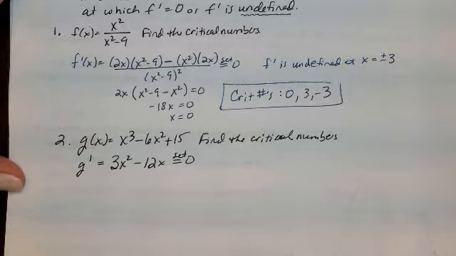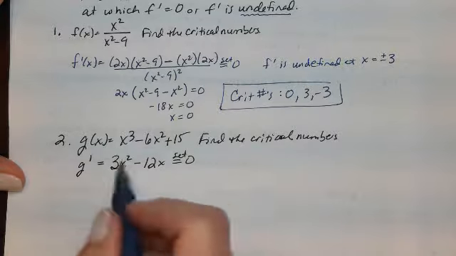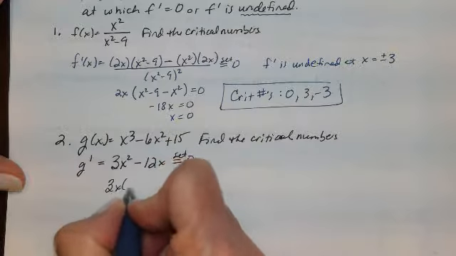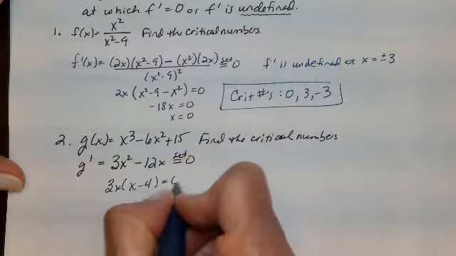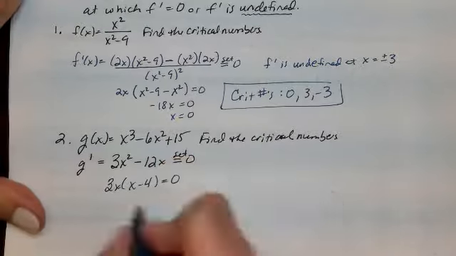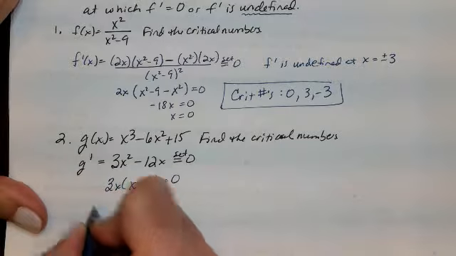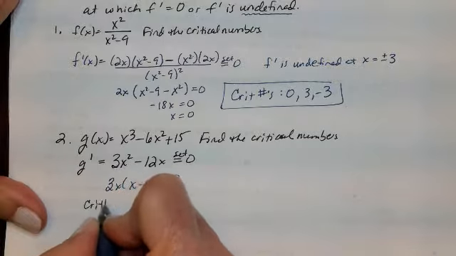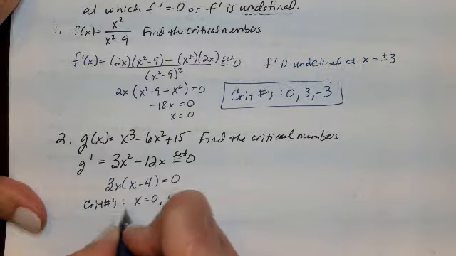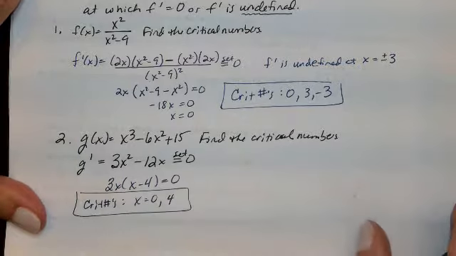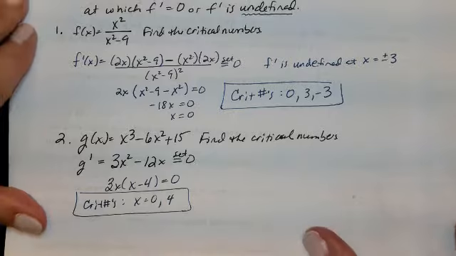So take a quick look at that. With what's left, I'm going to factor out 3x. I'll have x minus 4 left, and my critical numbers would be 0 and 4. Okay? So that's it. Those are critical numbers.